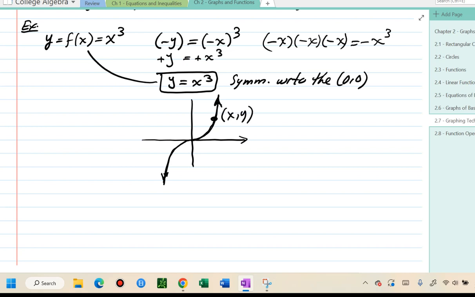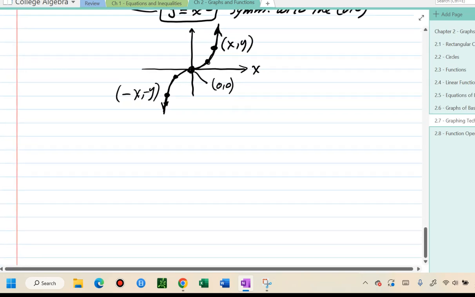If x, y is a point on that cubing function, then right in here, negative x, negative y is also a point on that cubing function. You see that? And the symmetry is with respect to the origin, that's 0, 0. This other point has a reflection about the origin here.